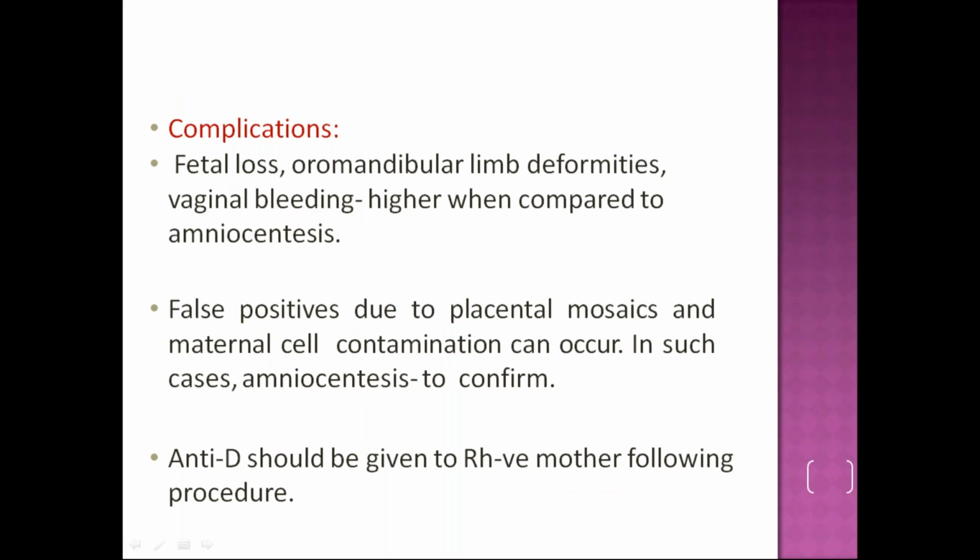Complications include fetal loss, limb deformity, vaginal bleeding. When you are poking, there may be intrauterine death, or fetal death if the fetus is injured. Sometimes, thinking you are taking placental chorionic tissue, you take some tissue from the embryo, so there may be absence of limb or limb deformity.